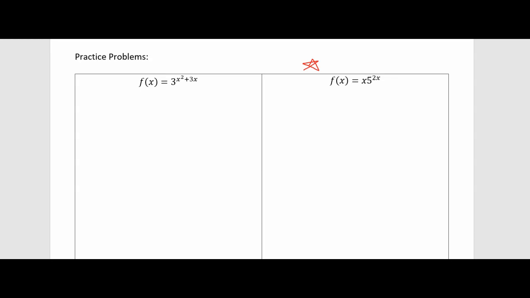Okay, so again, we do have a product here because it's x times 5 to the power of 2x. So I'm going to take the derivative of x, which is just 1 times my other function, so 5 to the power of 2x, plus x times the derivative of 5 to the power of 2x.